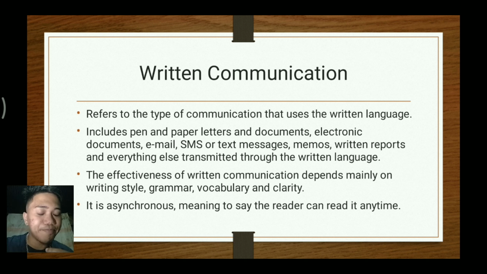It is not a novel nor a poem, but you are actually conversing or communicating, so you need to be clear. It is asynchronous, meaning the reader can read it anytime. So you need to be patient when you are using this kind of communication.